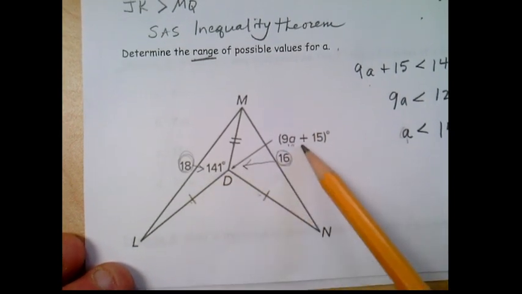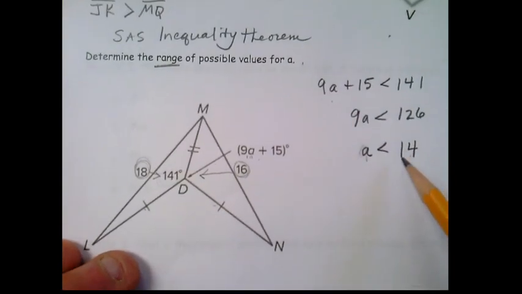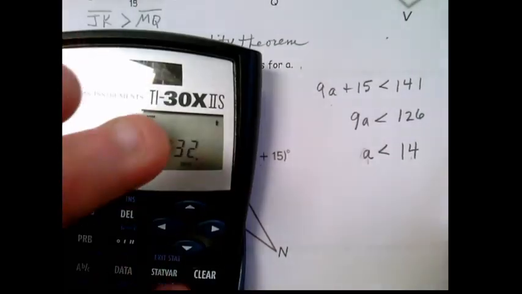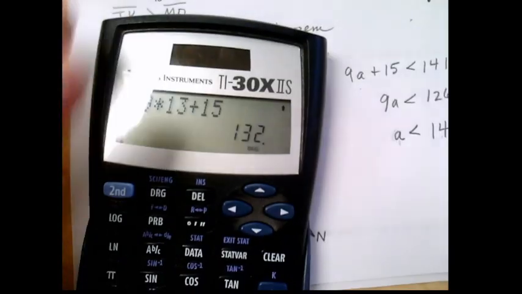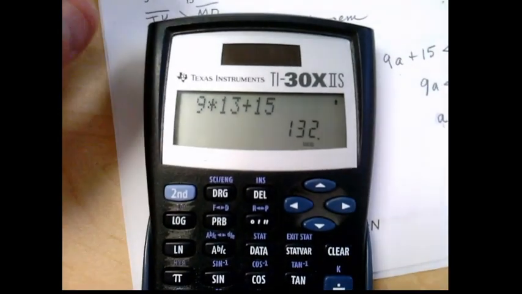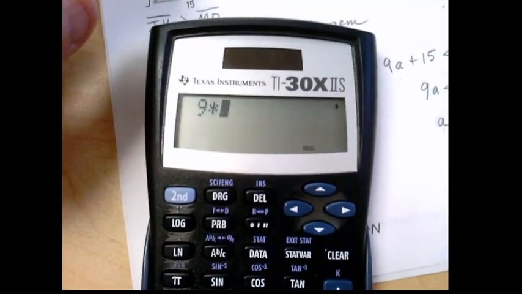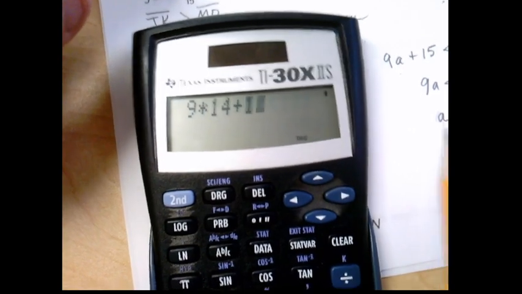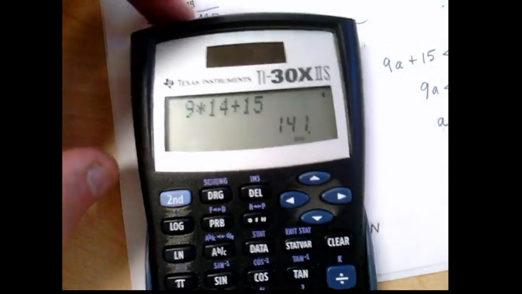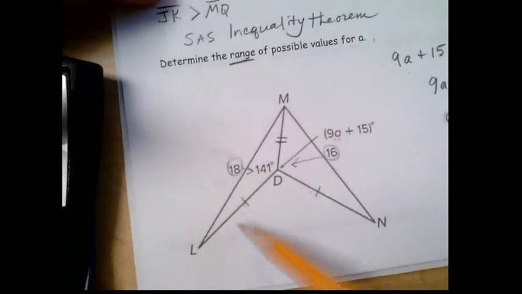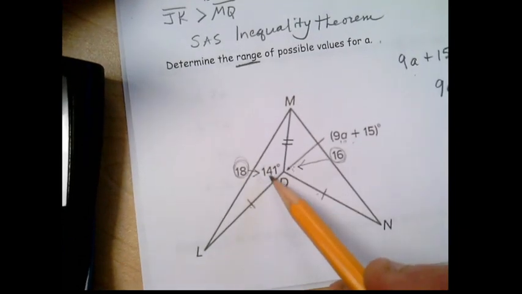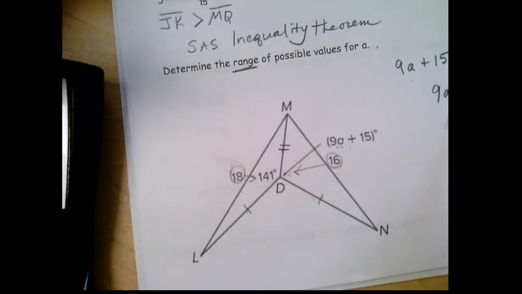It has to be smaller than that. If I plug in a 14, let's try 14 here. 9 times 14 plus 15. I got 141, but we know, according to what we know about the triangles here, that this angle has to be smaller than this one.